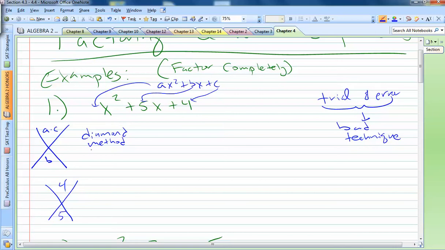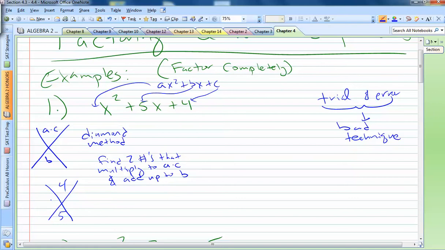What I want to do is find two numbers that multiply to a times c and add up to b. So in this case, what two numbers would multiply to 4 and add up to 5?